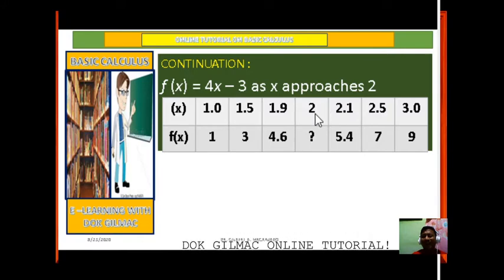Now, from the right of 2, from the values of x that range from 3 to 2.1, as you can see here, f of x comes closer to 5, since 5.4 is approximately equal to 5.